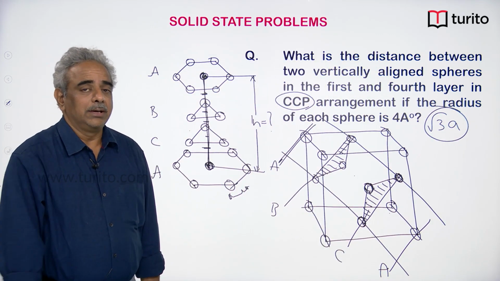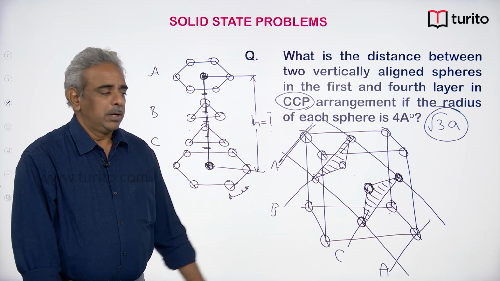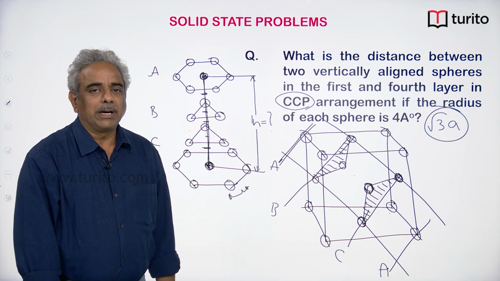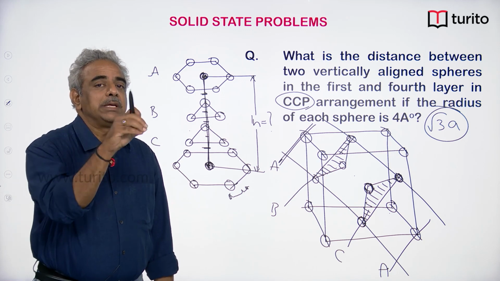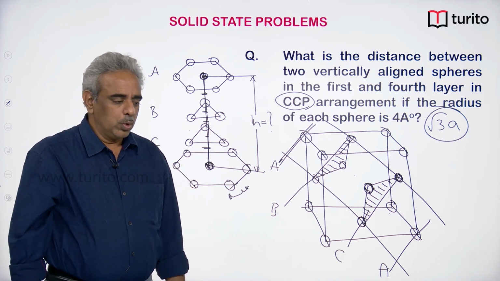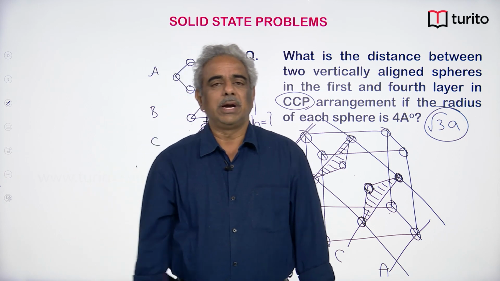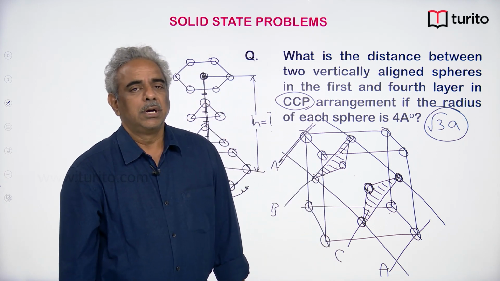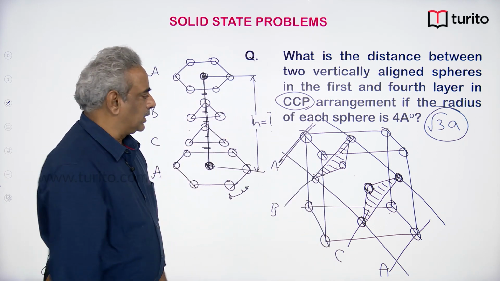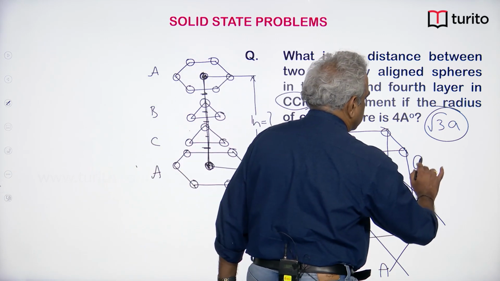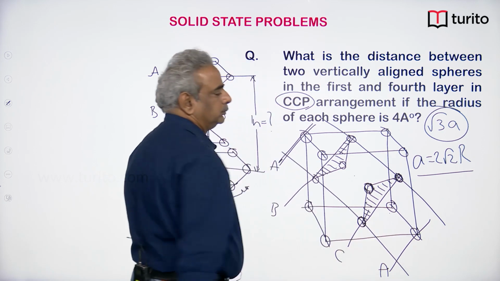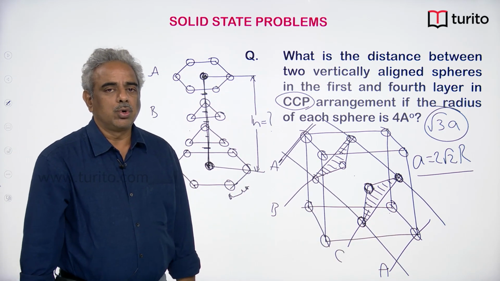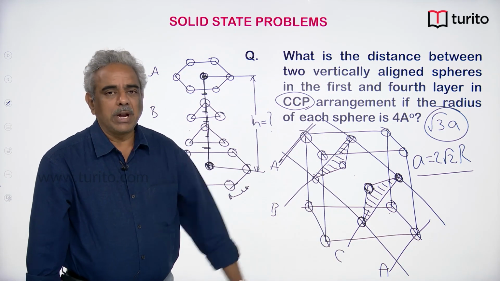But what is A in a face centered cubic lattice? Right from cubic crystal systems I have been insisting that you realize the relation between edge length and the radius. So, for this, edge length and radius are related by A is equal to 2 root 2 R. R is given as 4 angstrom units.